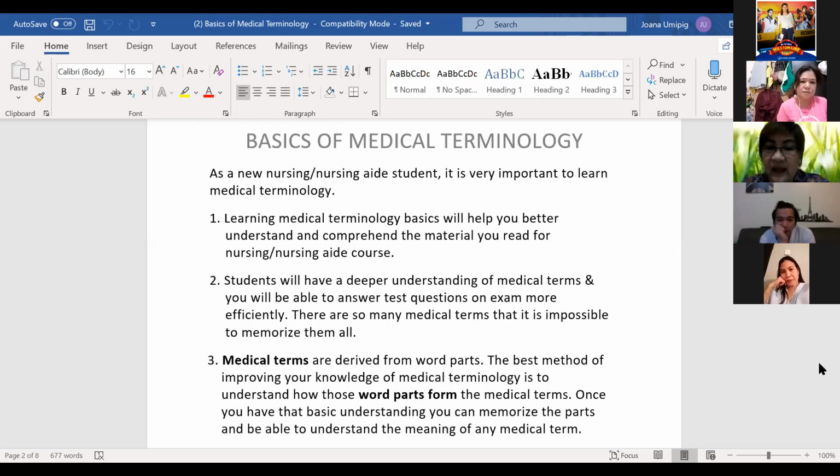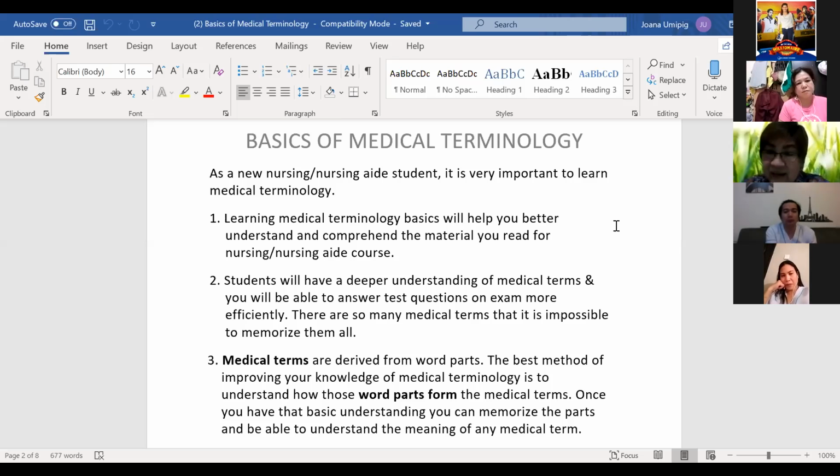There are so many medical terms that it is impossible to memorize them all. So what we are going to do is form it. We will form a medical terminology accordingly.